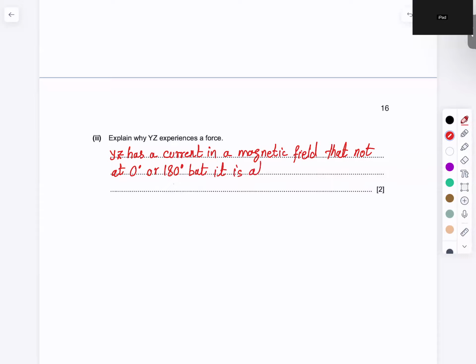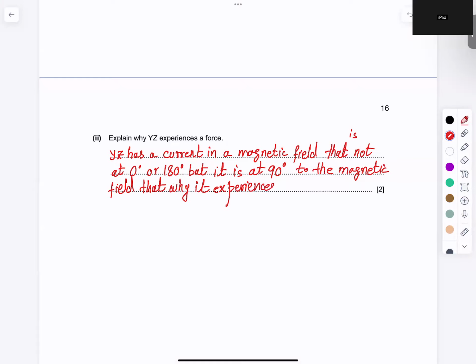YZ has a current in a magnetic field that is at 90 degrees to the magnetic field. That's why it experiences a magnetic force.